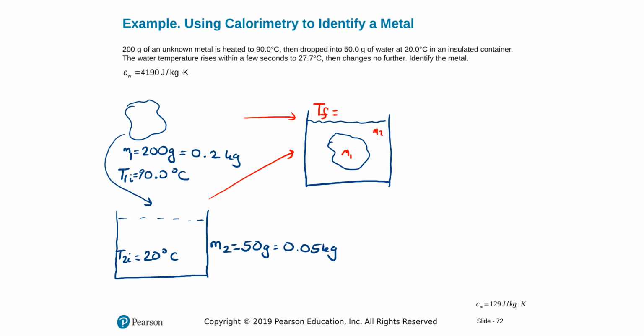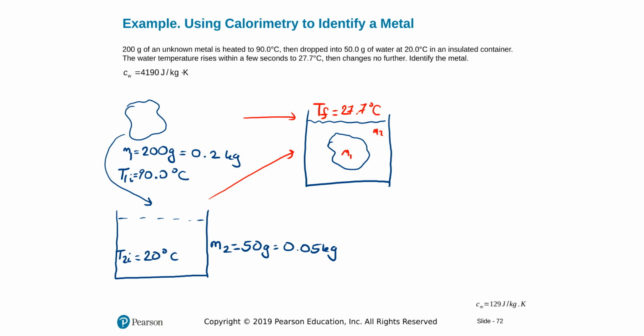They will reach a final temperature lower than 90, higher than 20. We know that the metal will give some heat to water. Water will heat up a little bit, temperature will increase, while metal's temperature will decrease. And the question says their final temperature becomes 27.7 centigrade degree. And that's it. That's their equilibrium, no more changes.